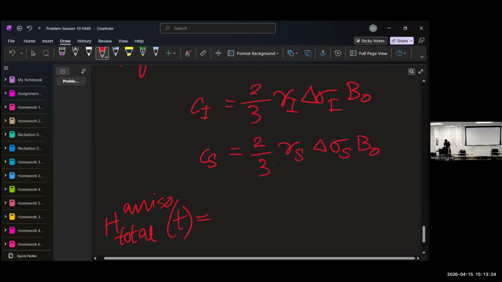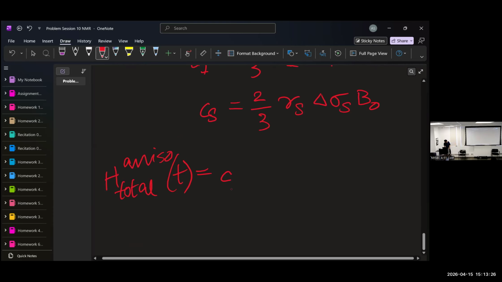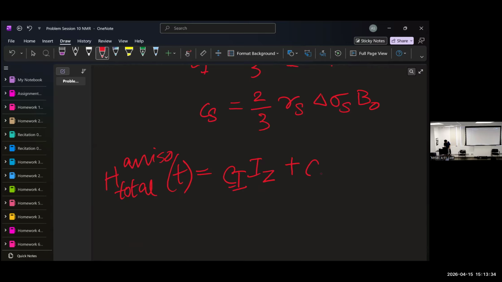Okay, so if you add up these terms, you get CI Iz plus CS Sz. These, remember, are operators.